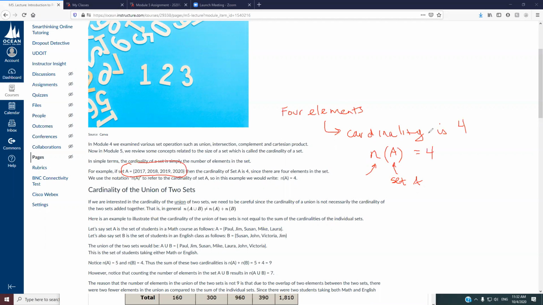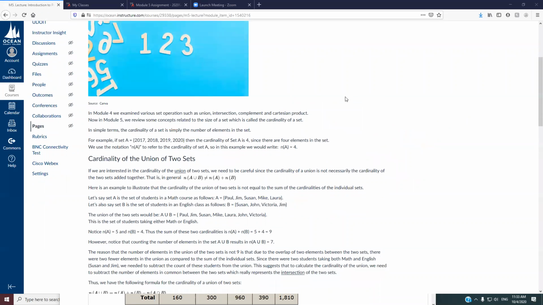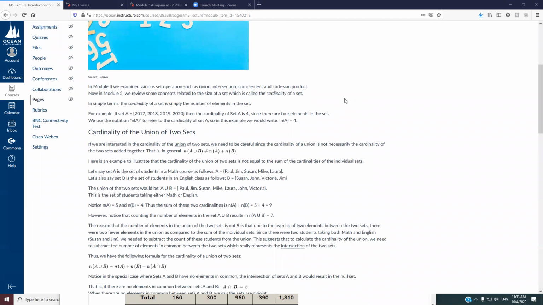Well, it turns out later in the course when we talk about probabilities, when we go to do probability calculations, we need to know the number of outcomes or the number of elements in a set because that number is going to be part of the probability calculation. So we're going to need to know this idea of cardinality for some future work in the course.